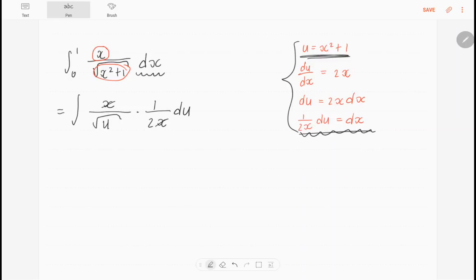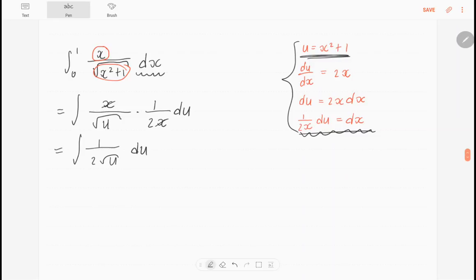And those x's immediately cancel. So you don't even have to show this step where you cancel the x's, but I just want to show you guys so you know exactly what's happening. So in other words, what we have is the integral of 1 over 2 square root u du.